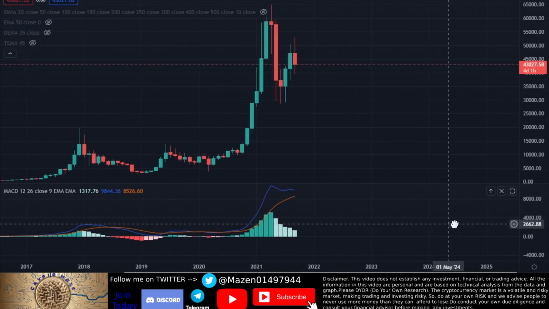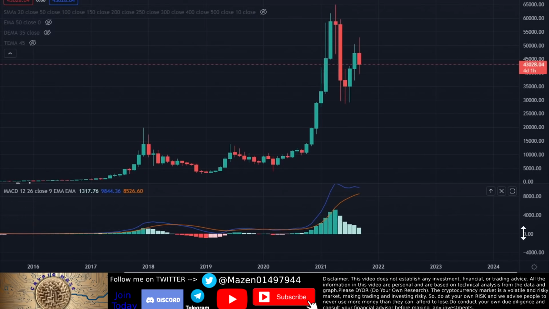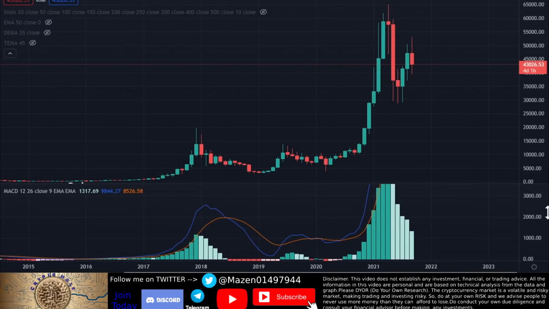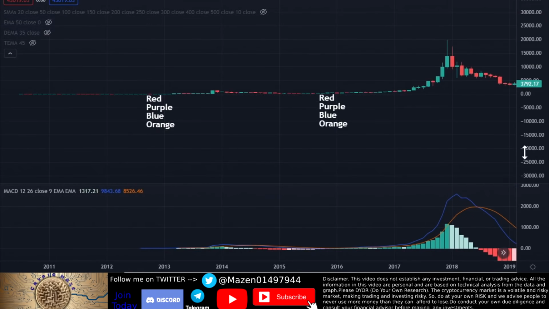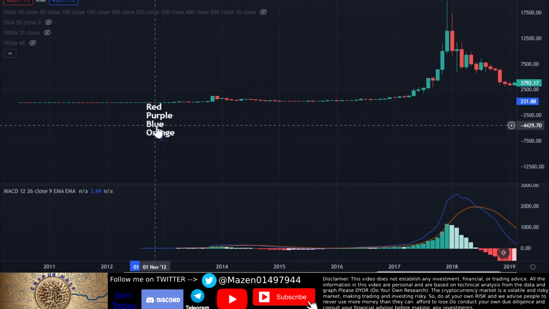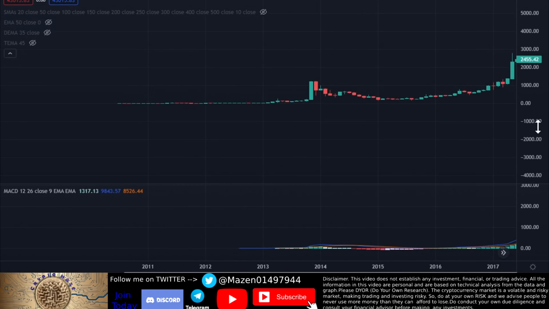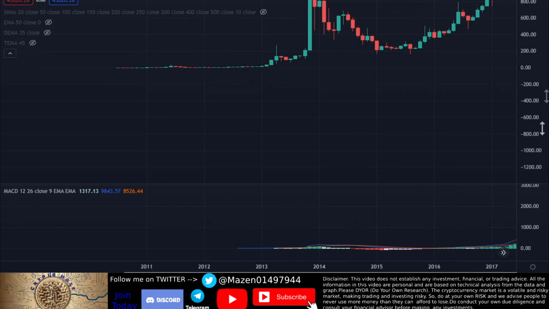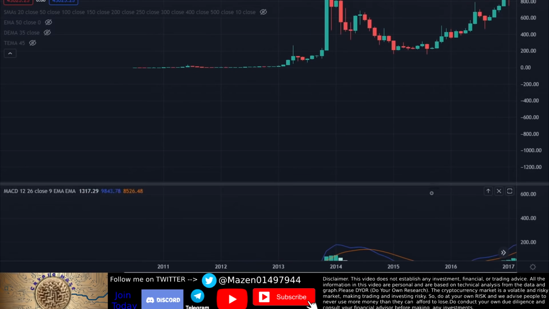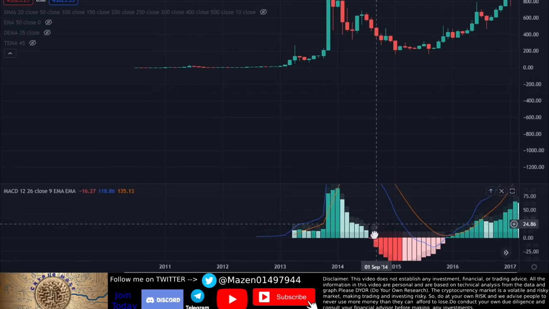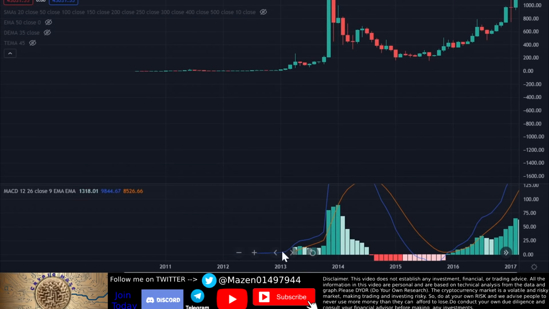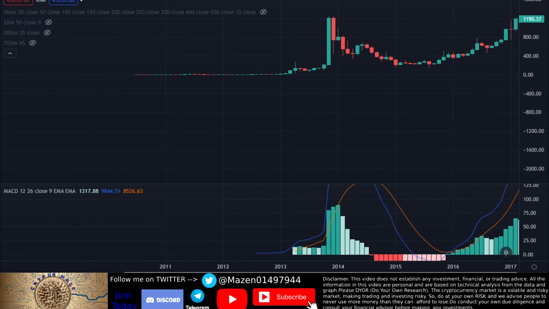Believe it or not, the MACD on the monthly was actually a great indicator to show you where the bull runs end. I'm going to go first to the 2014 run, and I'm going to zoom out the MACD like this. As you can see, during the run your MACD is always green. Once on the 1 month chart you start turning those histogram bars light green, that's basically over.